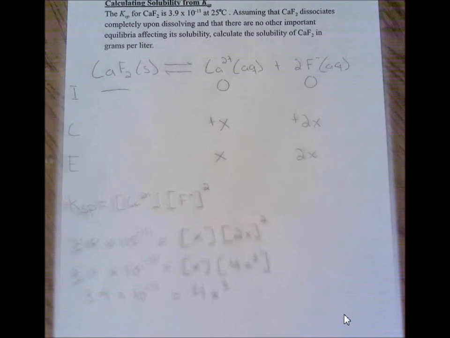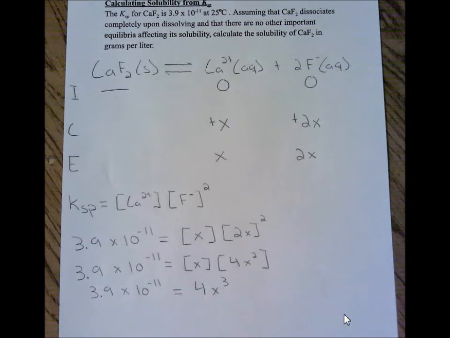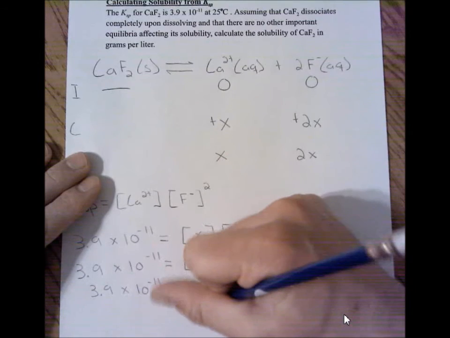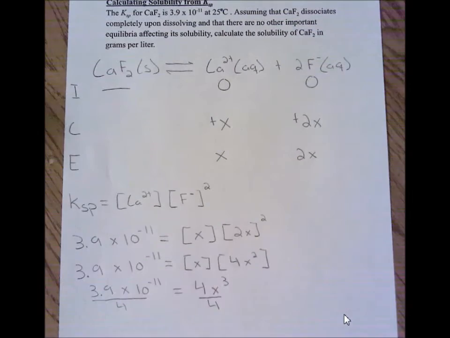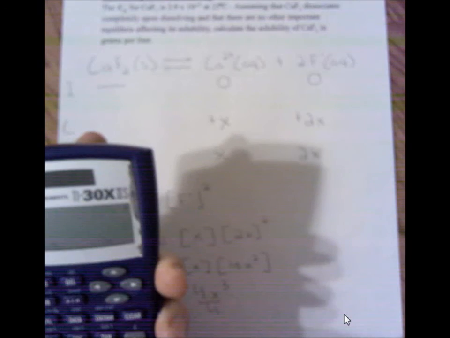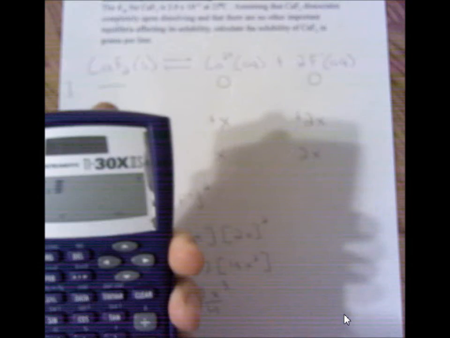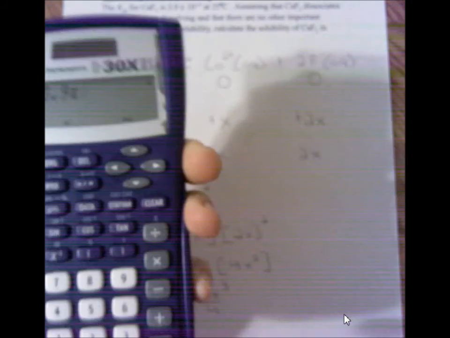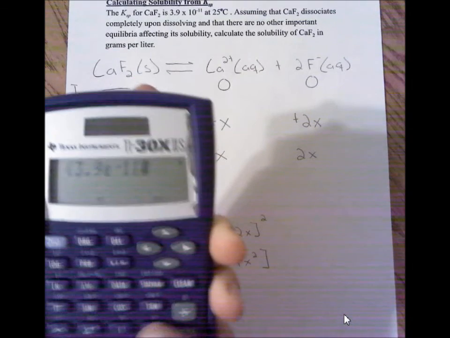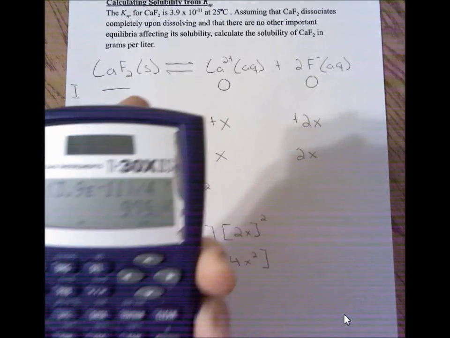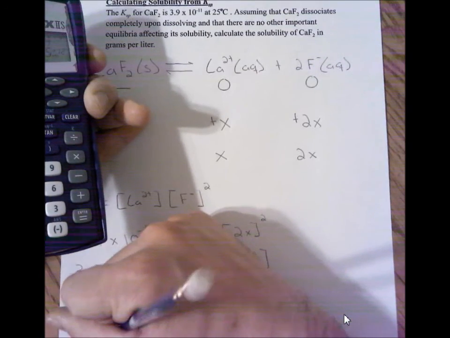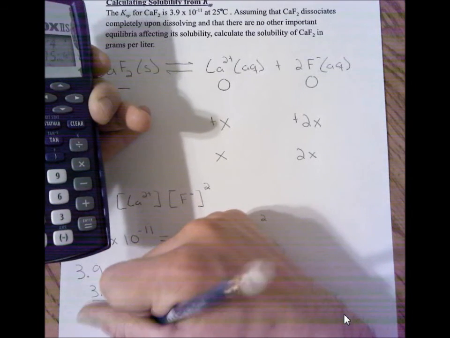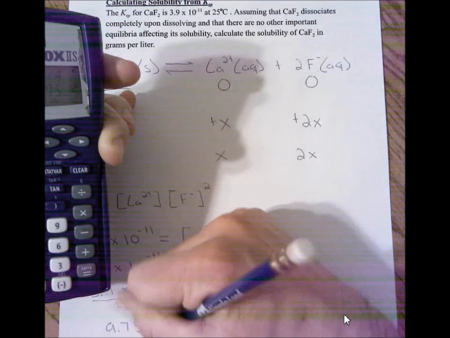So what I'm going to do right now is get rid of this 4. In my calculator, I'm going to punch in 3.9 times 10 to the negative 11th divided by 4 equals 9.75 times 10 to the negative 12th, which equals my x cubed.